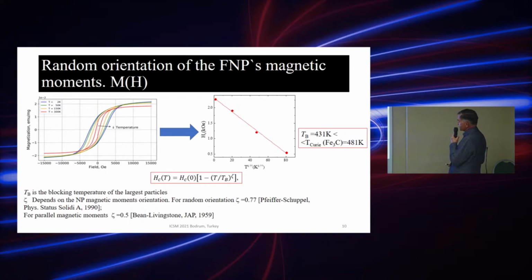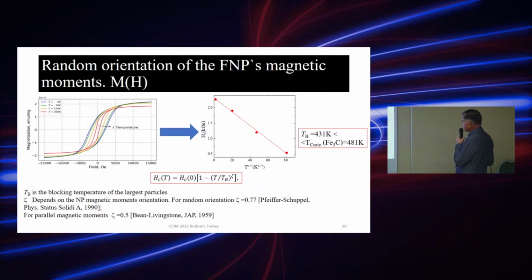Measuring magnetic hysteresis loops, it is possible to obtain the coercivity versus temperature and arrive to the blocking temperature, which from this data was estimated by us as 131 K, which fortunately is less than Curie temperature of cementite, so everything is good.